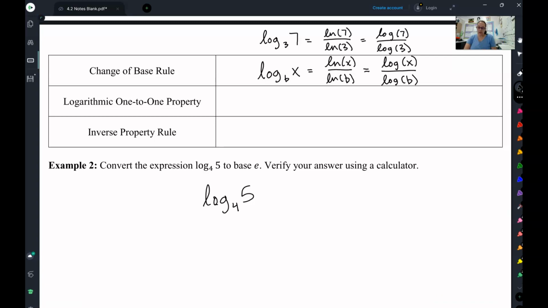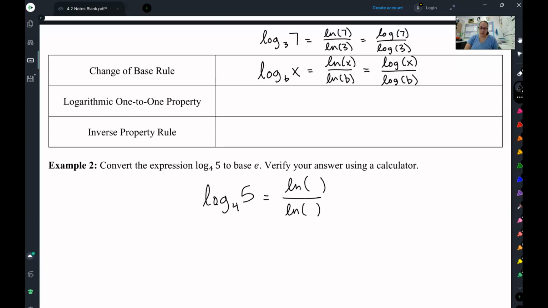It's asking you to convert the expression, to rewrite this expression to use base e instead. Well, we know base e is another word for ln. So it's asking you to rewrite this using ln's instead of log base 4's.